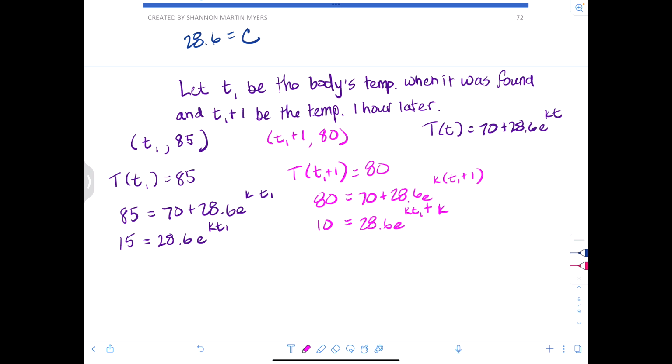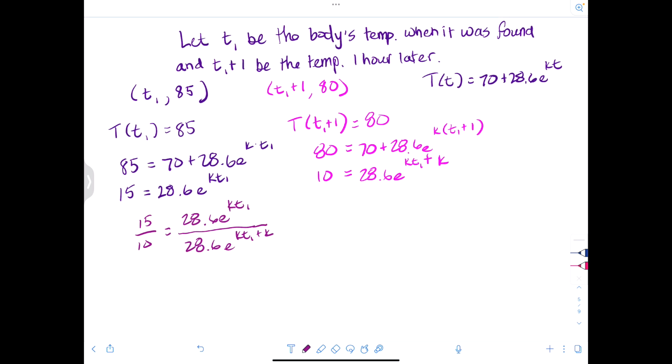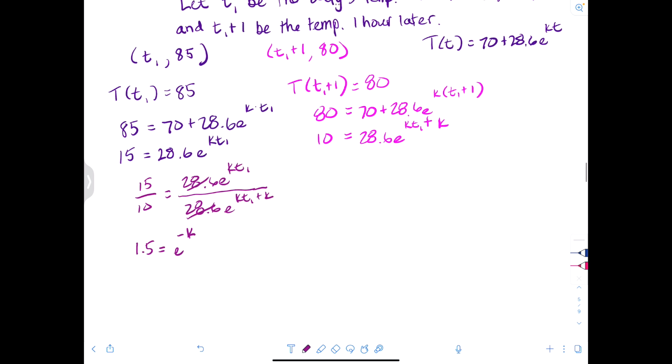So now comparing these two, like we've done in the past, we'll have 15 is to 10 as 28.6 e to the kT1 is to 28.6 e to the kT1 plus k. So simplifying, this is going to be 1.5, the 28.6's will divide out, e to the kT1 minus kT1 minus k ends up being e to the negative k.